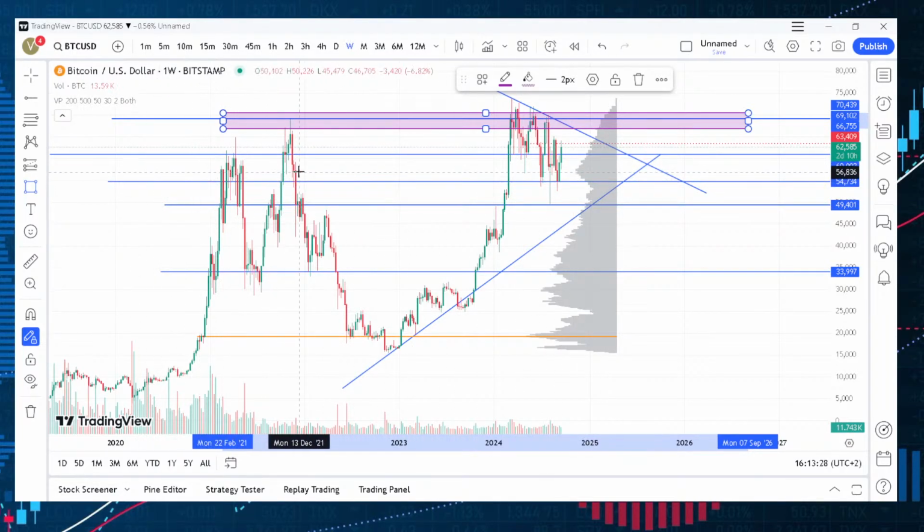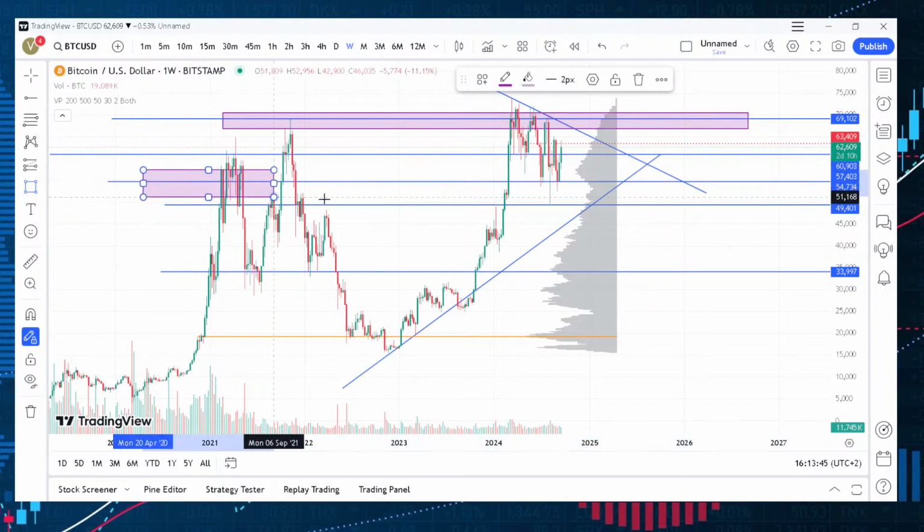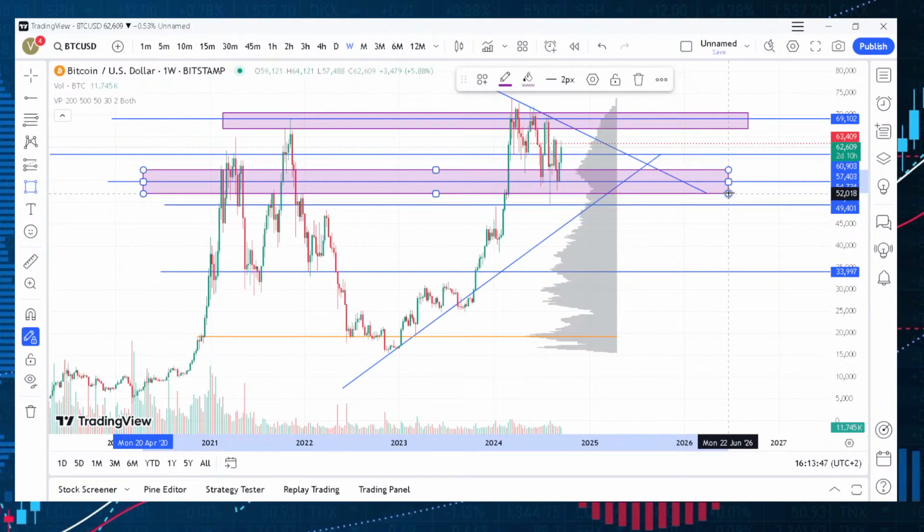Bottom support right here, you can see that we are looking at this area for support, but really I don't want to show you that area. I want to show you the general area on the weekly where we just found a bounce right there.